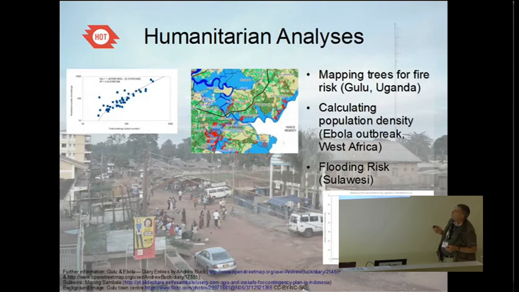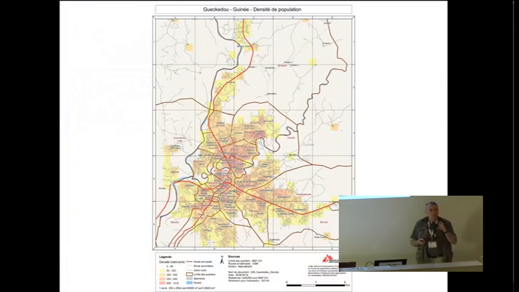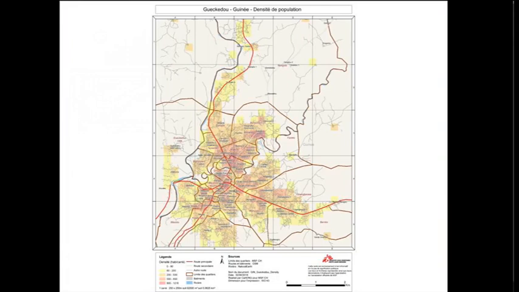And a really interesting one recently has been the use of putting building profiles in towns in West Africa, where the recent Ebola outbreak was happening, so that Médecins Sans Frontières could arrive at approximate population densities for different parts of the town.